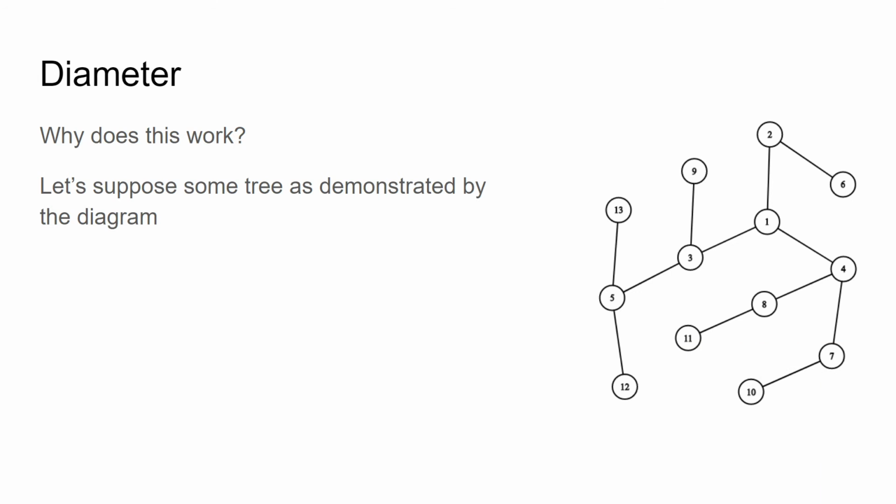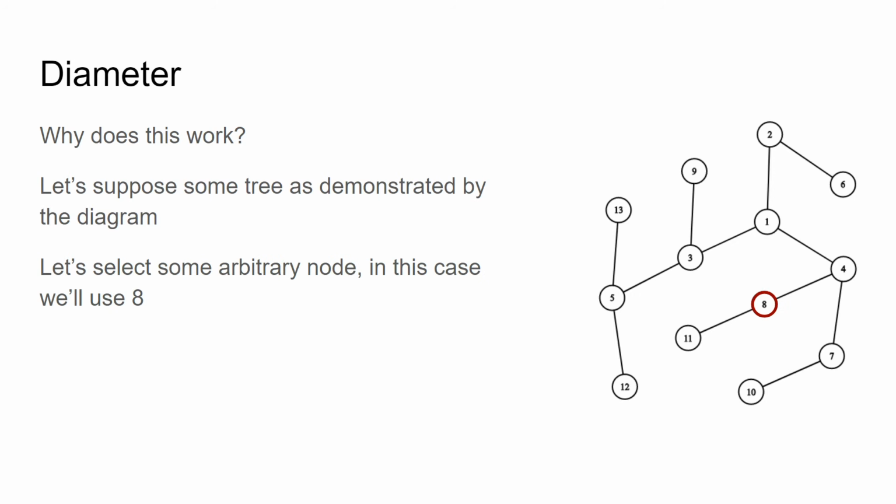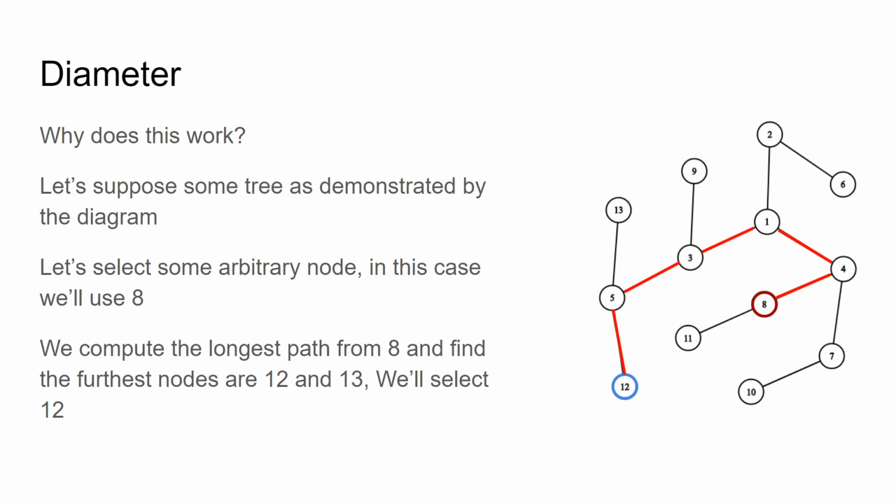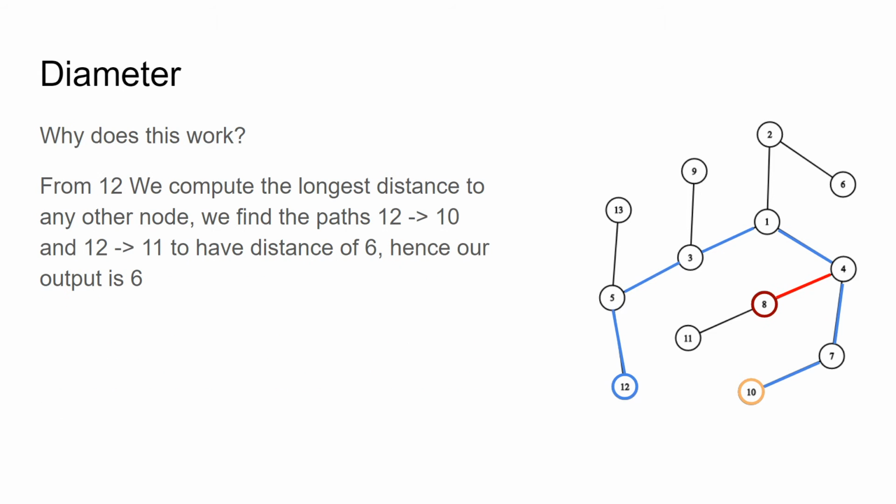So I'll select some arbitrary node. In this case, it'll be node 8. I then DFS or BFS all the way down to the furthest node from 8. We actually find that there's multiple. Our path could have been either from 8 to 12 or 8 to 13. In this case, I'm going to say at this stage that it doesn't really matter, and I'm going to arbitrarily select 12. From 12, we then compute the longest distance to the other node.